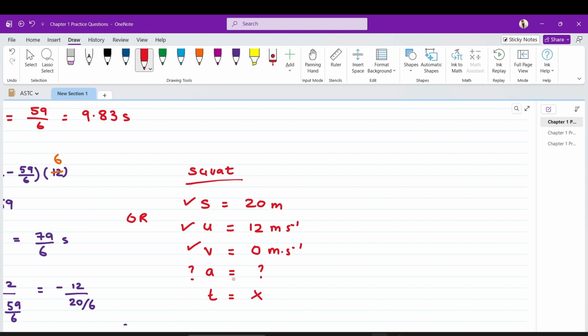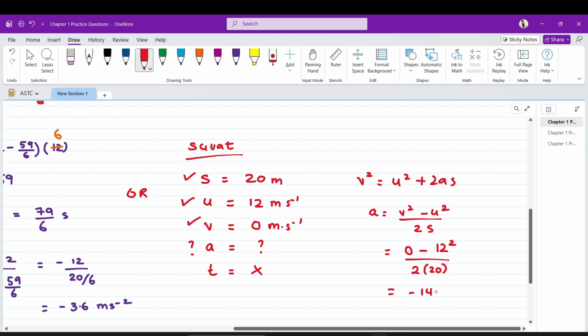Time is not given. Based on these variables, the equation I can use is v squared equals u squared plus 2as. This can be rearranged to give a equals v squared minus u squared over 2s. Now v squared will be 0, u squared is going to be 12 squared, and 2s will be 2 times 20.